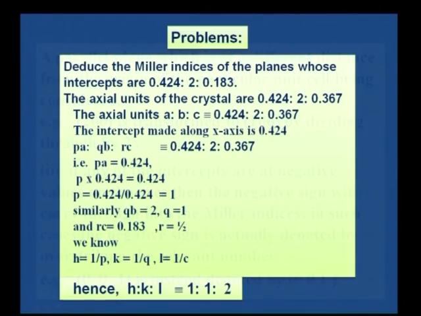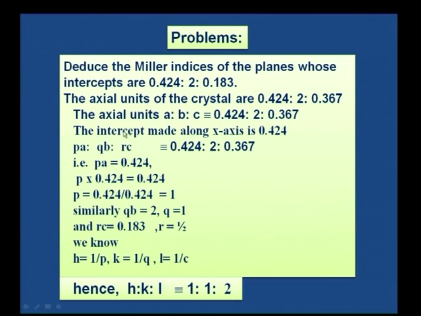Let us now look at some of the problems. Deduce the Miller indices of planes whose intercepts are 0.424, 0.212 and 0.183 in axial units of a, b, c. The intercepts, you should remember, are not integers.